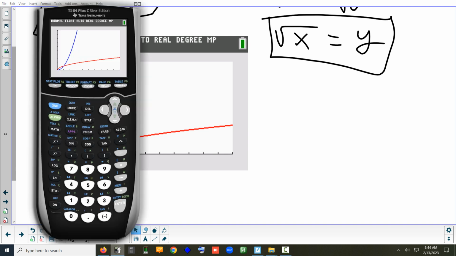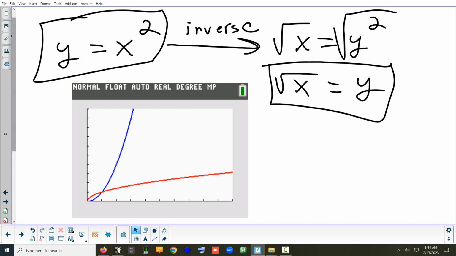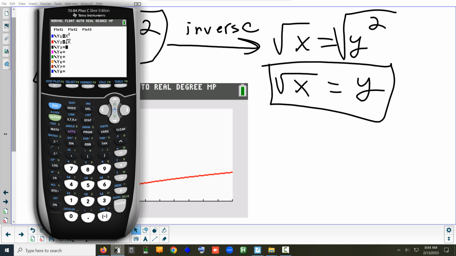If you draw in the line y equals x, which is exactly what we just did to get the inverse, we changed the x and the y. We set y equal to x, and x turned into y. Watch what this looks like. I'm also going to make it a thinner line so it doesn't take up as much space.